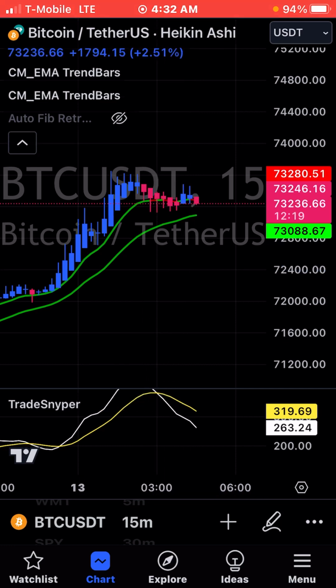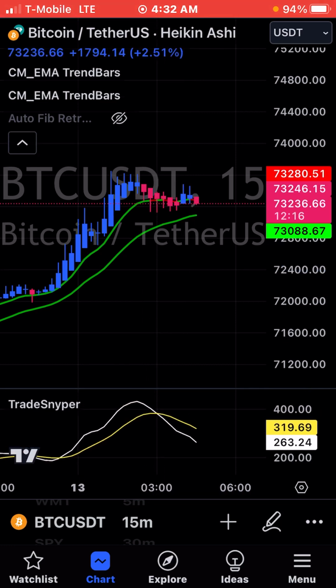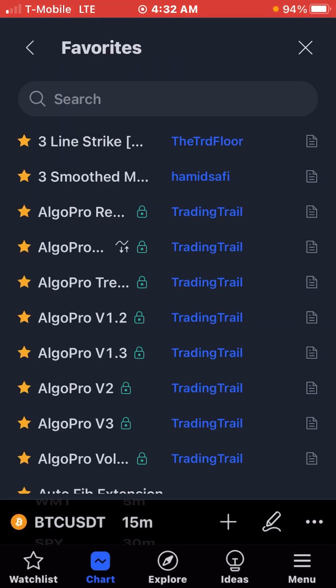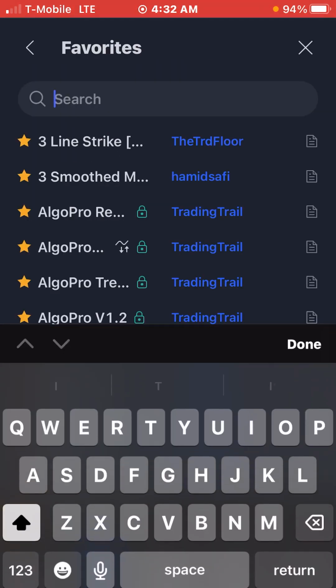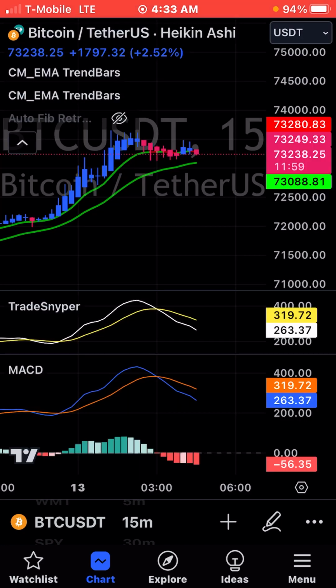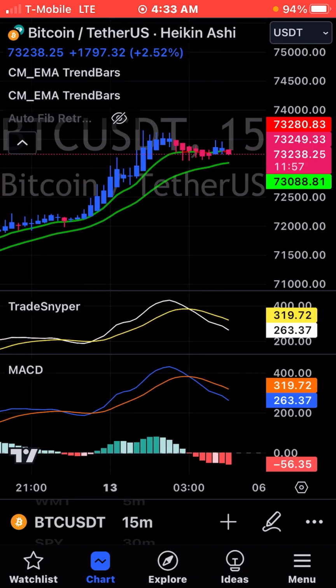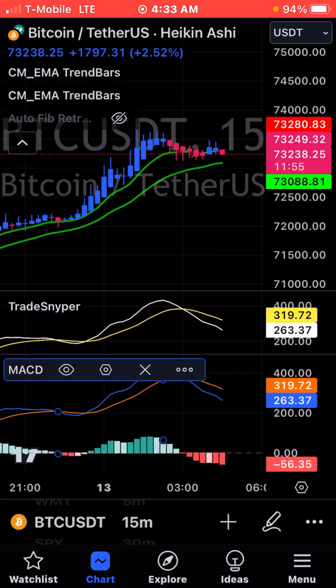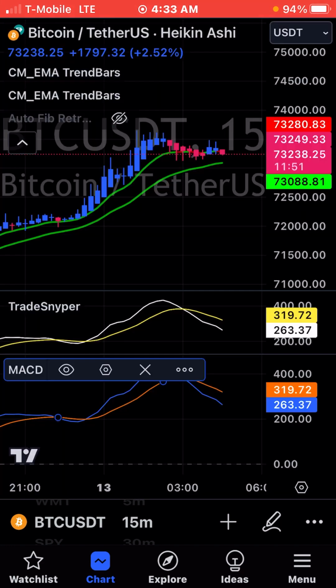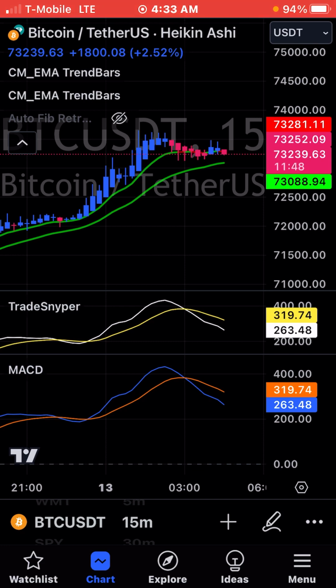what we want to look for is when the Trade Sniper, which is basically just MACD, crosses. If you don't want to get Trade Sniper, just load the MACD here, go to your settings, go to MACD. Which one is it? Here it is, this one. Get rid of the histogram, and it's MACD.